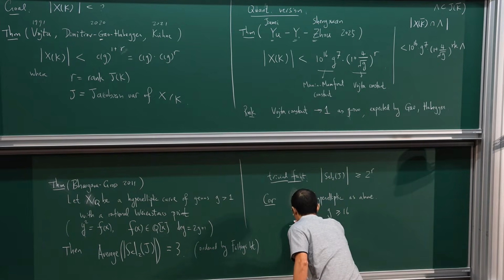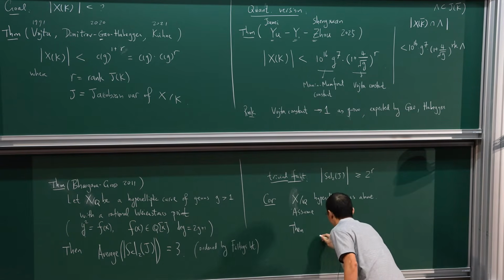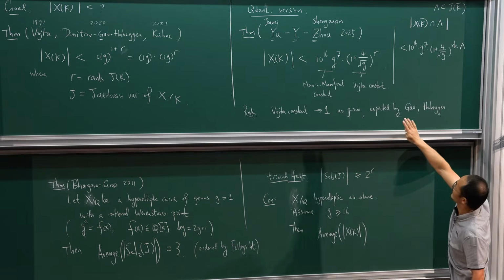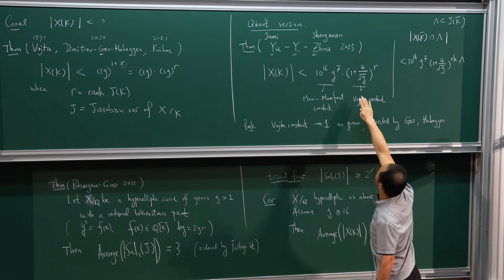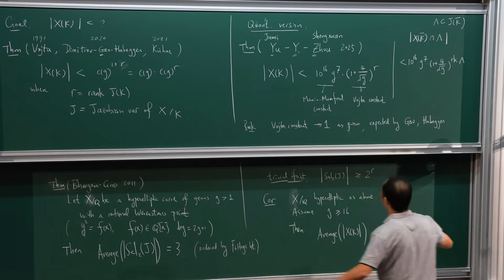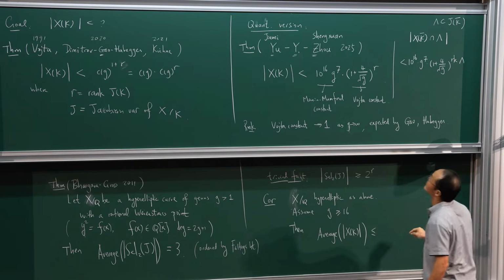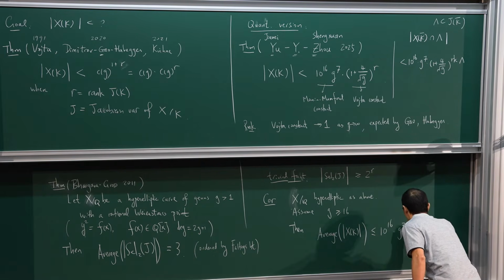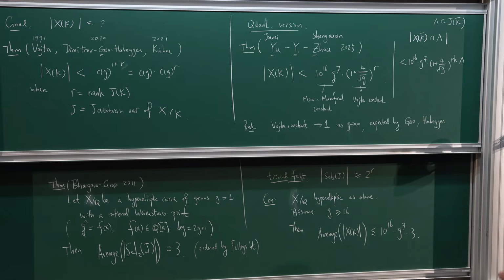Then we get this average of the number of points. Now we take the average. Now we change this one by the Selmer group, and the average gives 3.